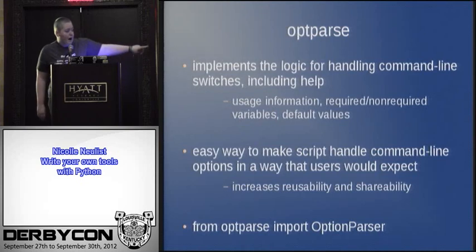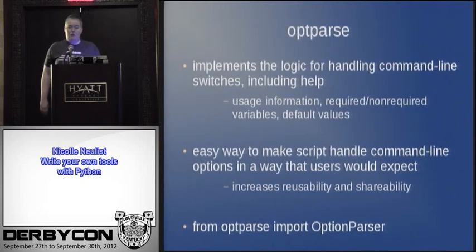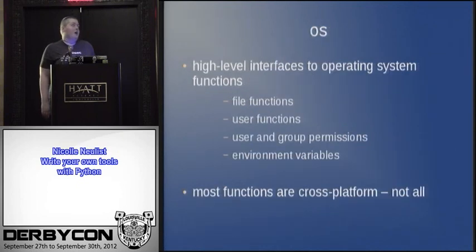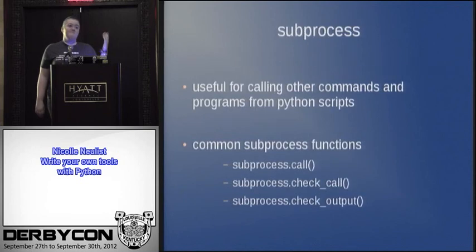I generally do from optparse import OptionParser, and as we'll see later in this talk, I've got an example of a script that I wrote which uses OptionParser, and you'll see how the syntax goes. There's os, which is higher level interfaces to operating system functions, file functions, user functions, permissions, environment variables. Most of the things in os are cross-platform, not all of them.